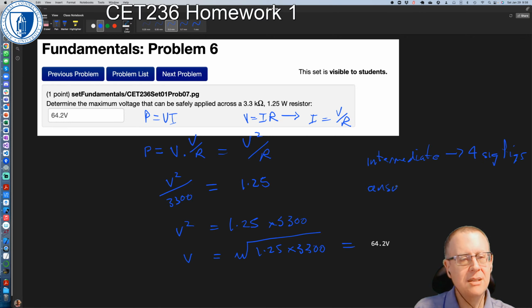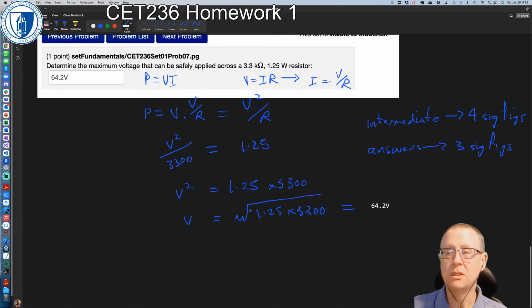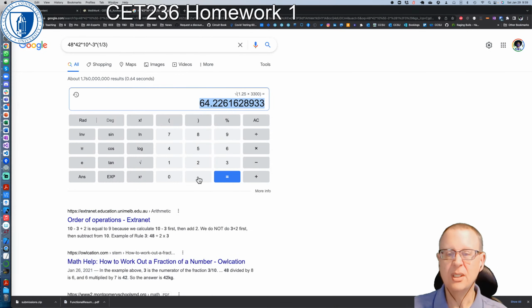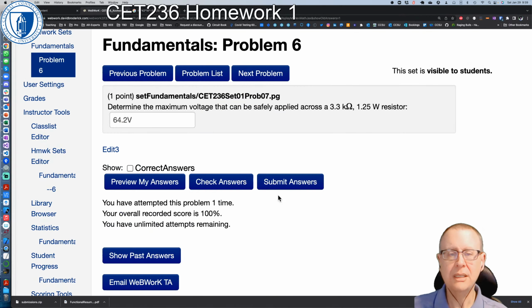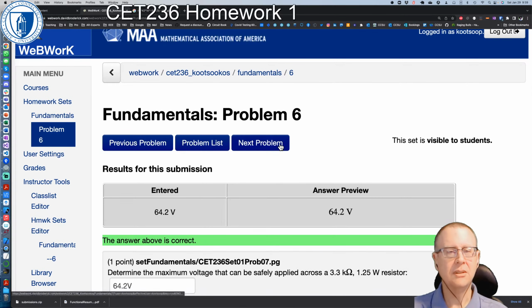Your answers usually only need 3 significant figures. Sometimes web work is very picky, so sometimes you're better off doing 4 significant figures or more, but 4 significant figures for everything. And let's just check that that one's still correct. Yep, that looks good. Let's go to the next problem.